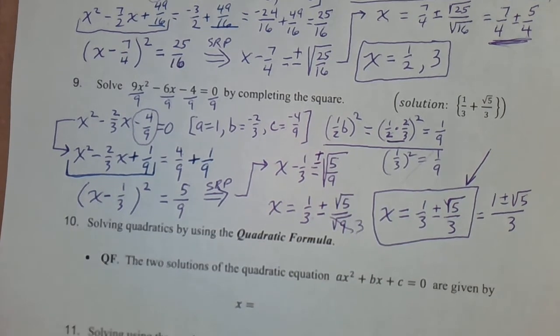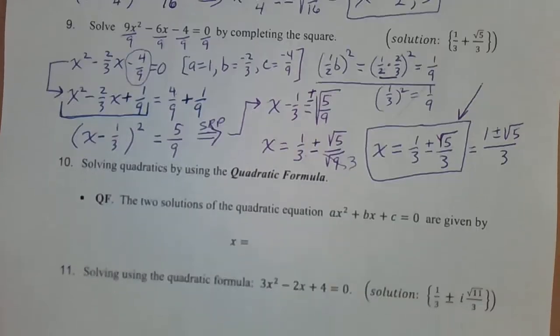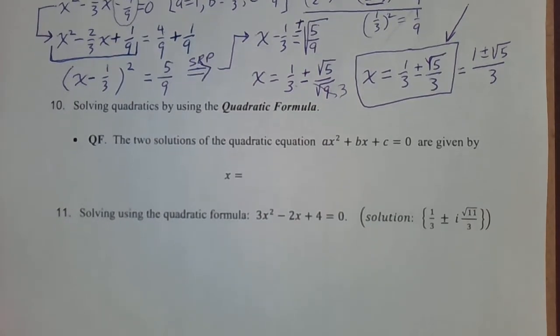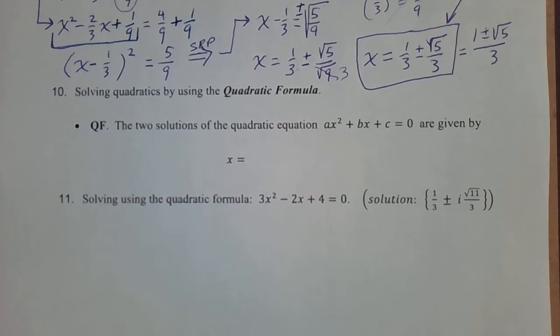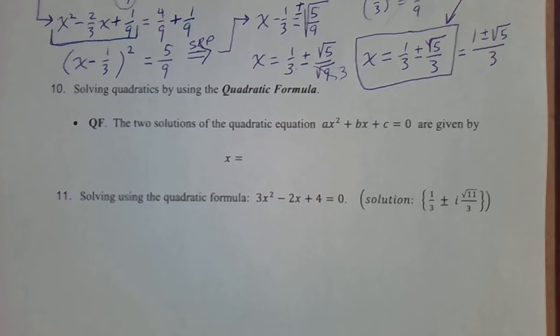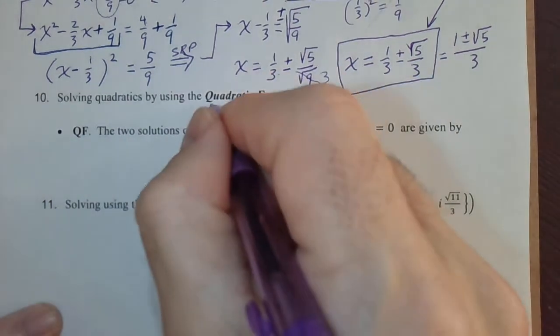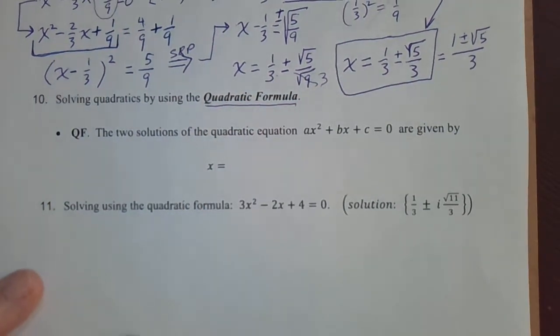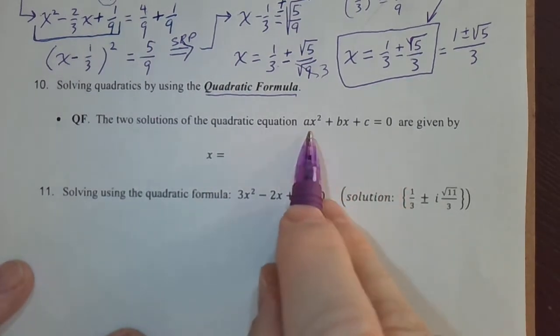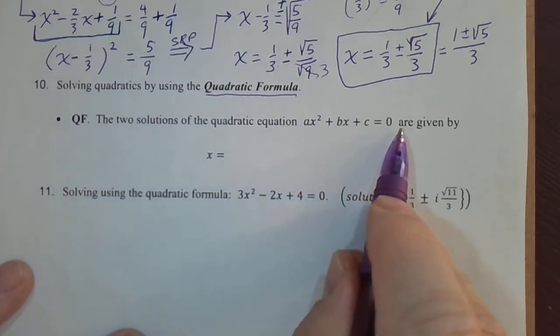Okay, we have one more method for solving a quadratic, and probably the one you're already very familiar with, and we'll do about 2 examples. The quadratic formula. Whenever you have a quadratic, you get it written in the standard form, ax squared plus bx plus c equals 0.